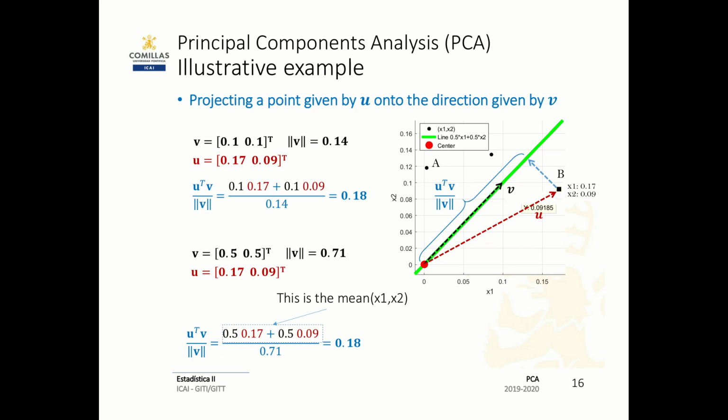And what we can see is that the projection that we defined before of u onto v is the same in both cases, it is 0.18. So this 0.18 is the length of this segment here. You take u, you project it onto v, and this length is 0.18.